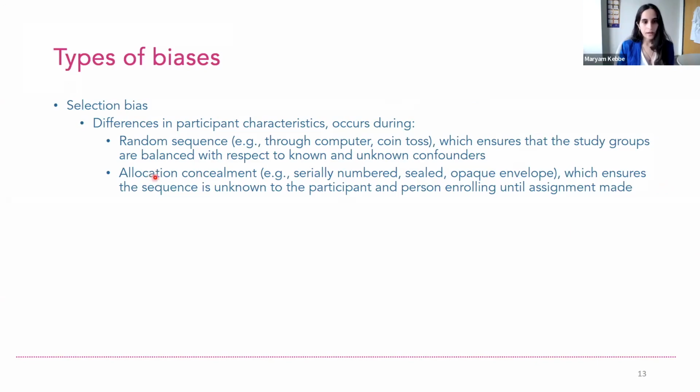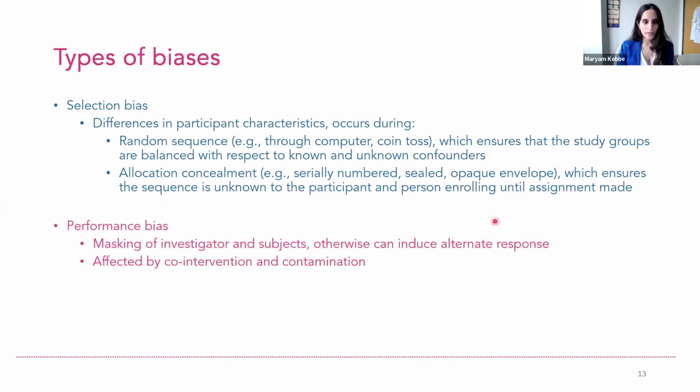Allocation concealment can also minimize selection bias. And accepted ways for randomizing include a computer-generated algorithm. And for allocation concealment, you would take that algorithm and include the allocation in a serially numbered, sealed, opaque envelope, as an example.